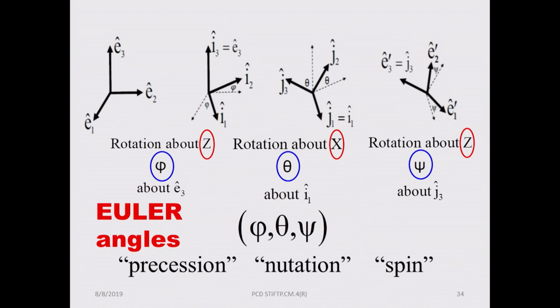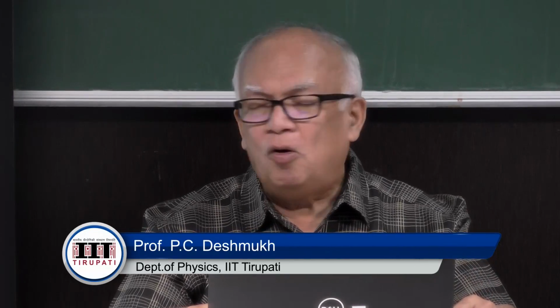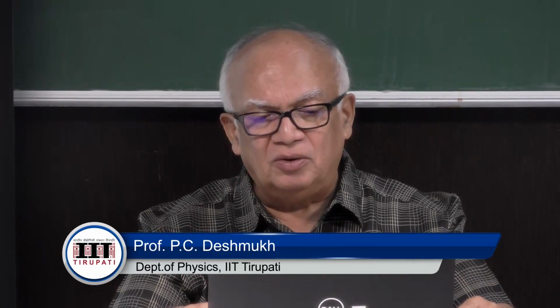And with this, we have all the tools to study rigid body rotations, change in angular velocities, change in angular momenta, how the torques are involved in bringing about precessions or nutations or a spin, if you like, because you can have not just a precession about one axis, you may have a nutation about another, you may also have a spin as such.